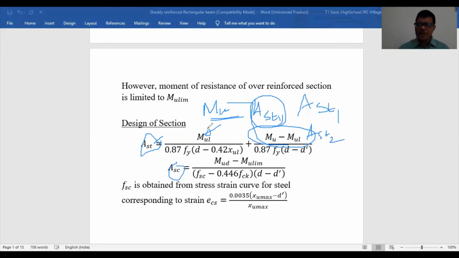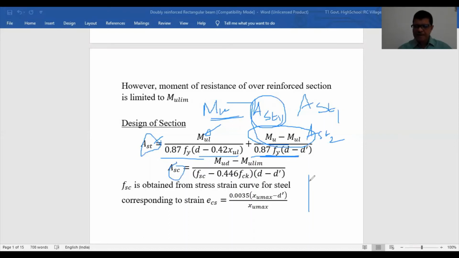So put that value: the stress 0.87 Fy into d minus 0.42 XU limiting, that is for this limiting moment. Now for here it will be 0.87 Fy into d minus d dash. How does it come?